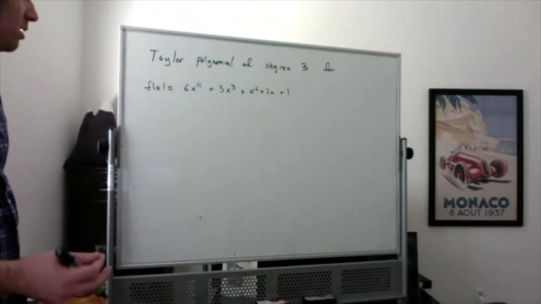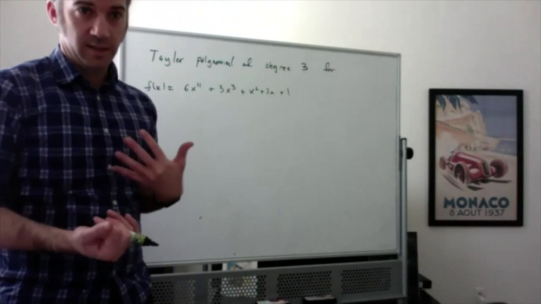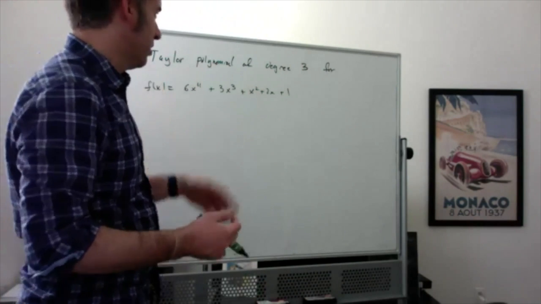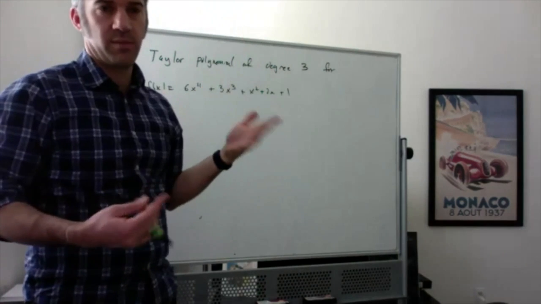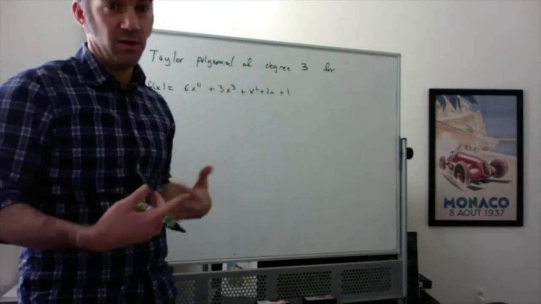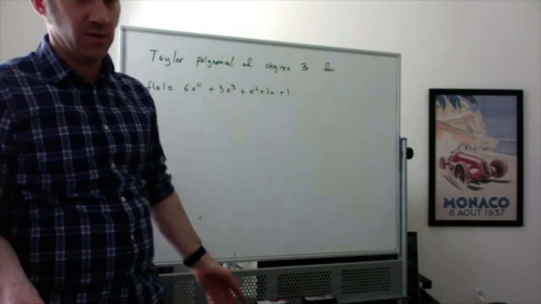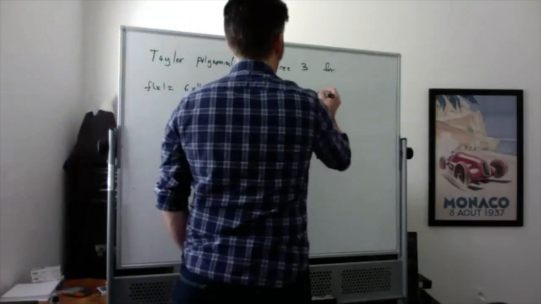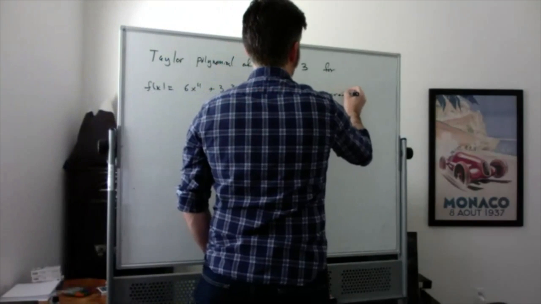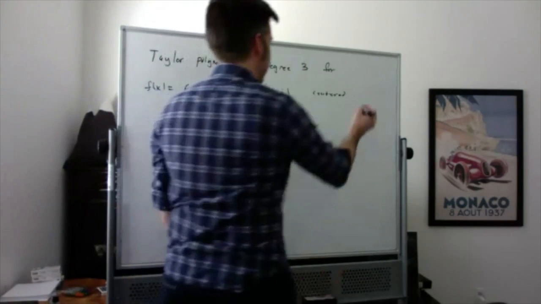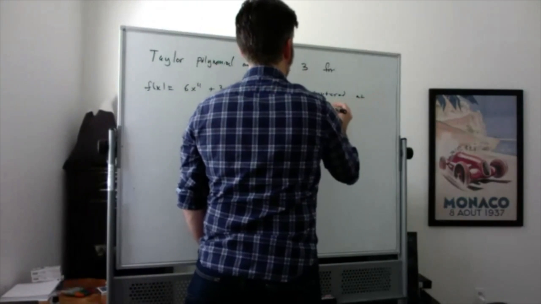All right. So here's what the Taylor polynomial is of any degree. The Taylor polynomial of degree 3 is literally a degree 3 polynomial that approximates this function. You also have to pick where it's centered. I'm going to pick an easy one first, centered at x equal to 0.